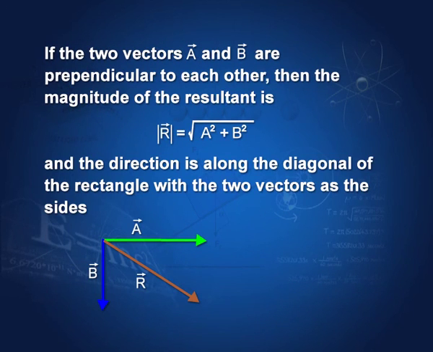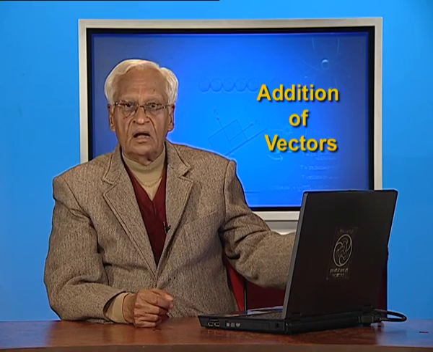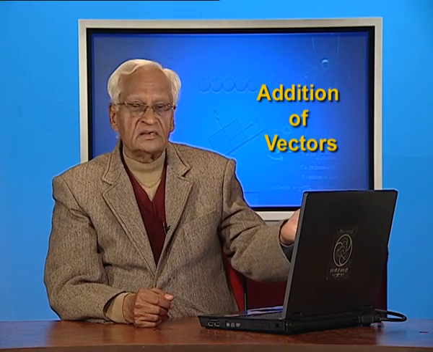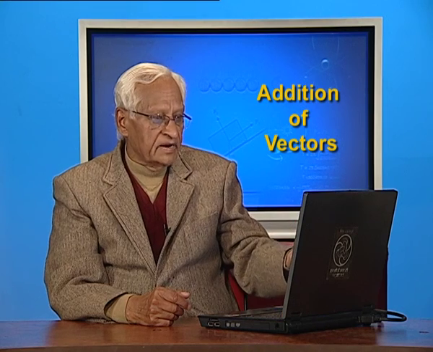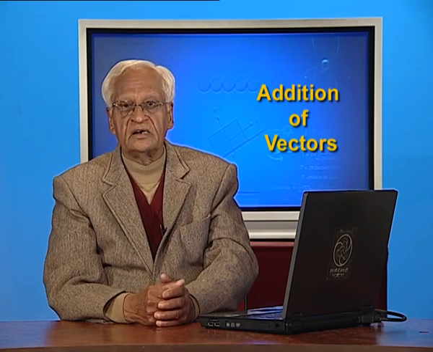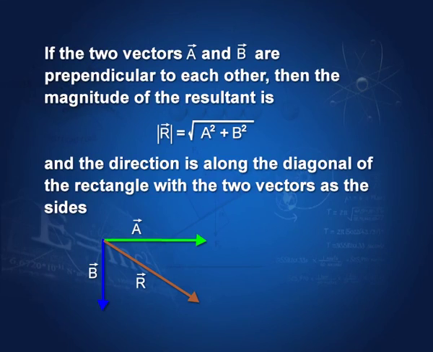If the two vectors A and B are perpendicular, then again simple geometry would tell you that the magnitude of the resultant vector is the square root of A squared plus B square, where A and B are the magnitudes of vectors A and B, and the direction is along the diagonal of the rectangle with the two vectors as sides, as shown here, vector A, vector B, and the resultant is the diagonal of the rectangle which we made with vectors A and B.